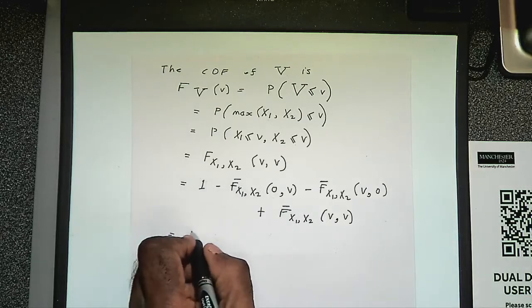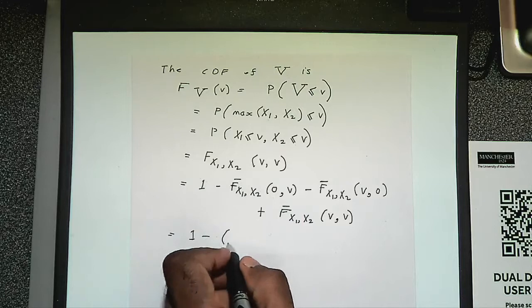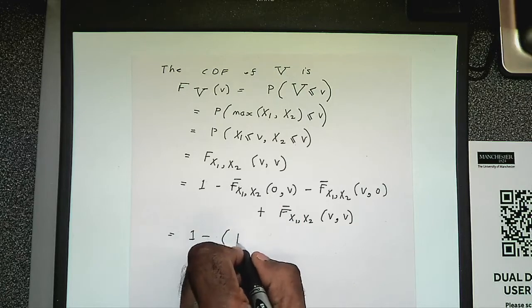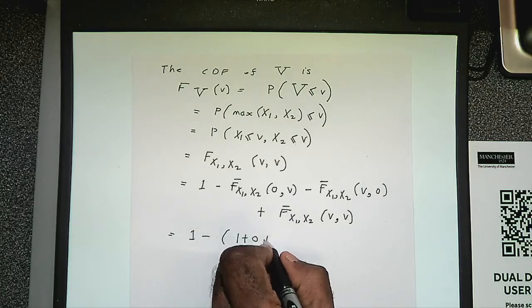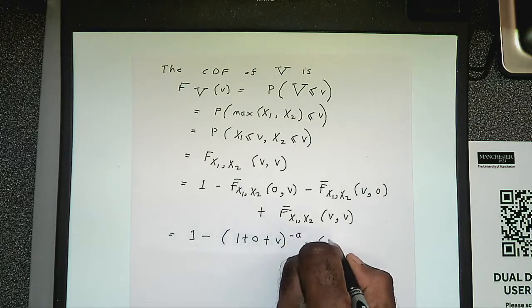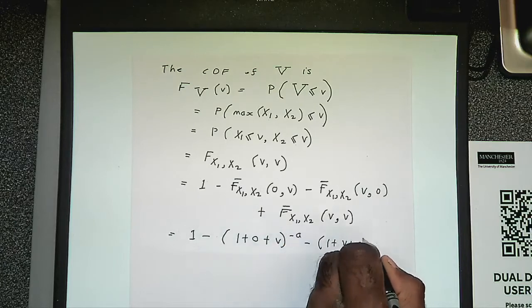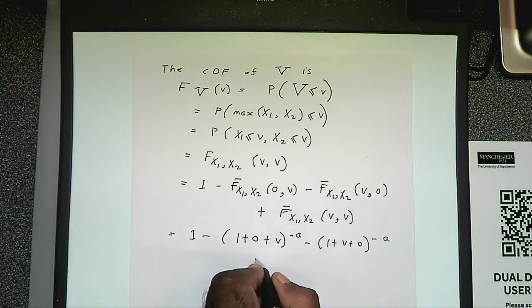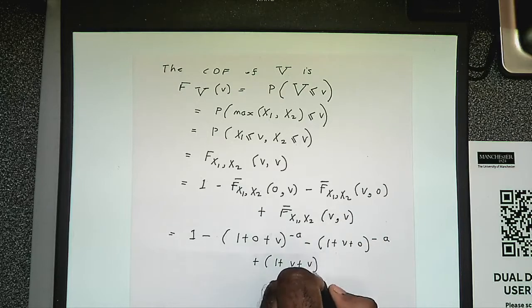So this is going to be 1 minus, using the formula given in the question, 1 plus v minus a, 1 plus v plus 0 per minus a plus 1 plus v over minus a.